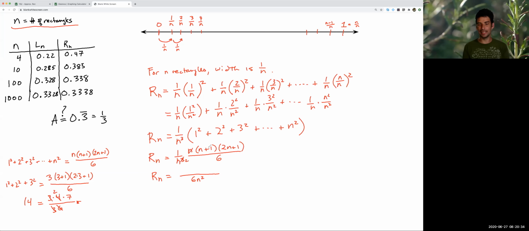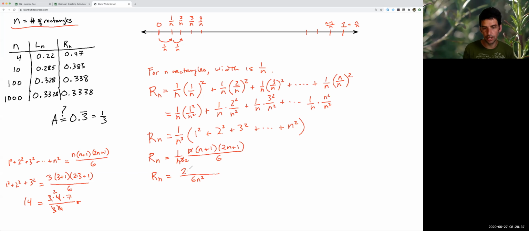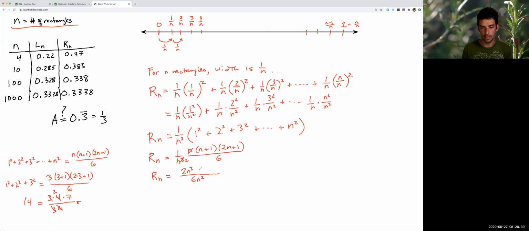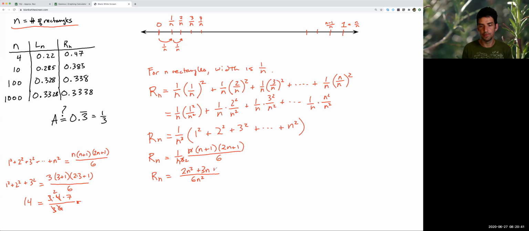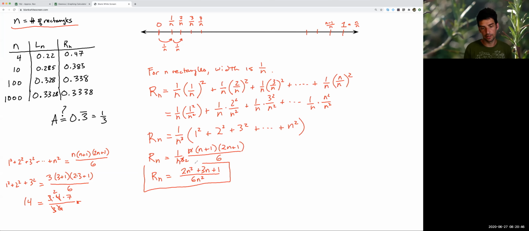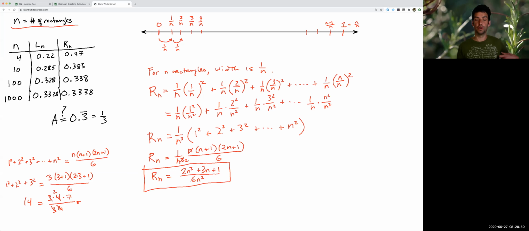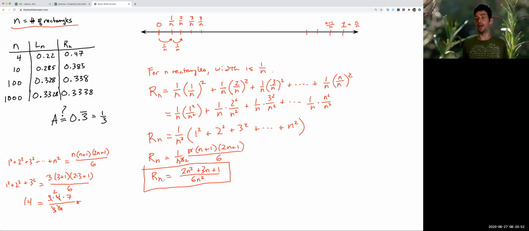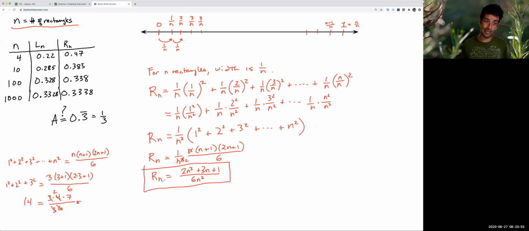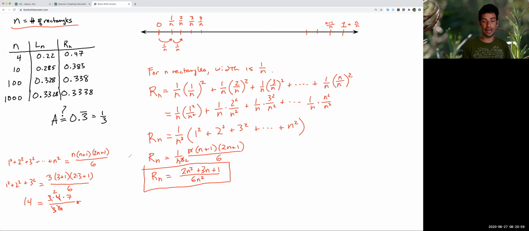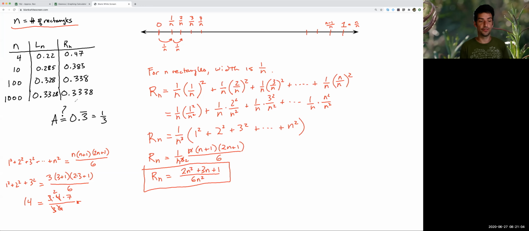And if I expand the top, I get what? 2n squared plus 3n plus 1. Okay, so here is an even better compact formula for the area of the approximating rectangles. So if you wanted to know right now, and in fact, this is what I did to get these, you can plug 1,000 into this formula and see the formula for Rn will pop out that decimal, okay?